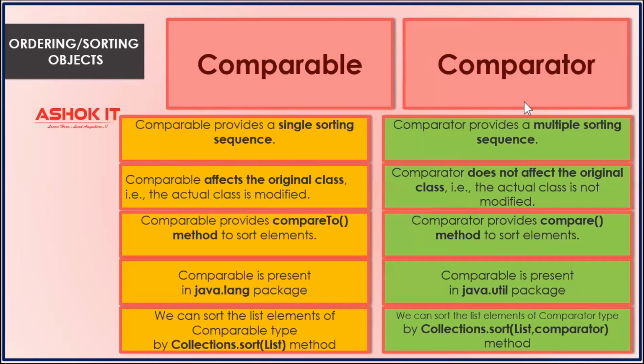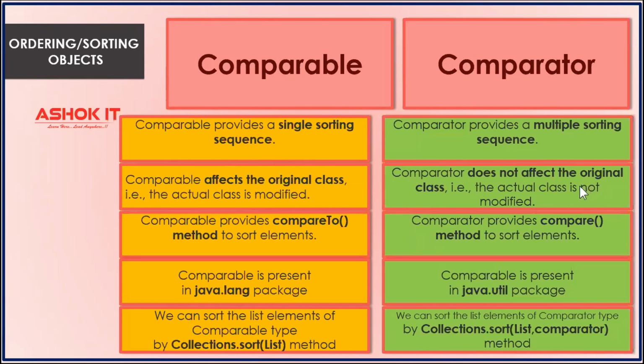So this way comparator is used in a Java program for multiple sorting sequences, which in our case was sorting the list using name and also by age. So multiple elements we have used for sorting it, and it will not affect the original class.